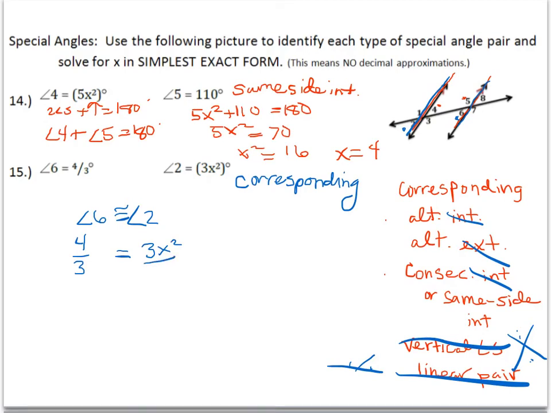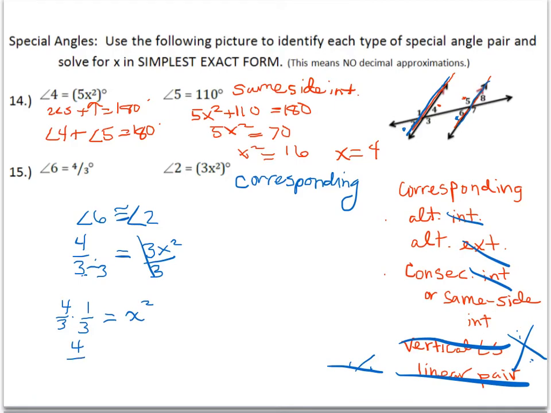And to solve that, we would have to divide by 3. Okay, we know dividing by 3 is the same thing as taking a third of something. Of means times, so multiplying by its reciprocal. 4/3 times 1/3. Keep, change, flip is the other way to refer to that. Equals x squared, because that equals 1.